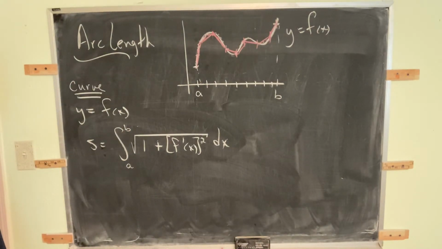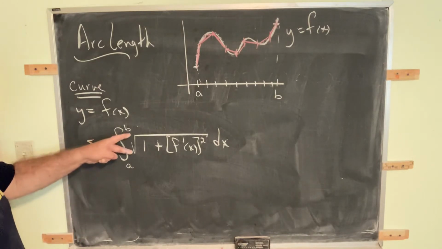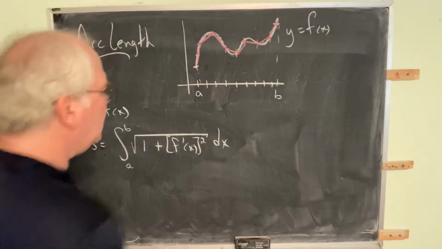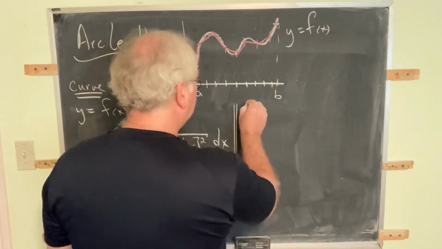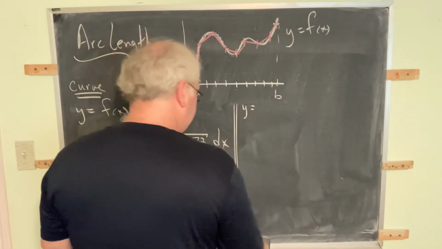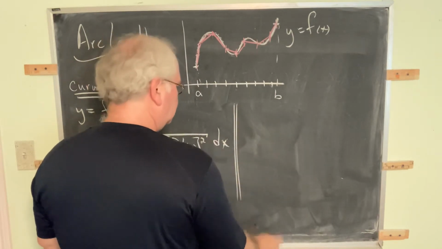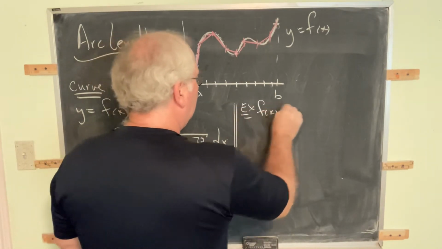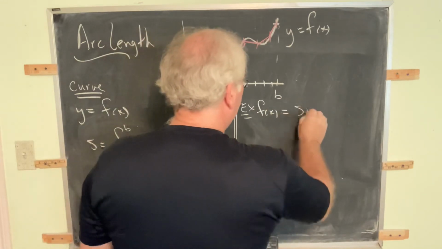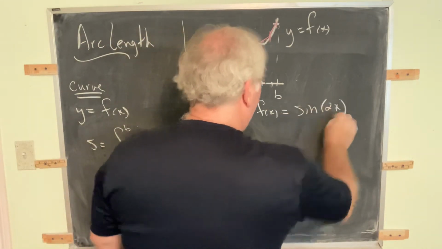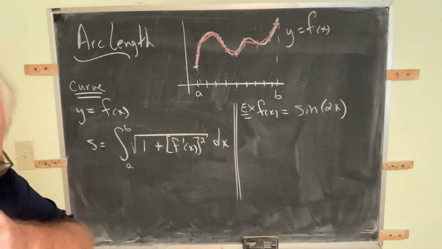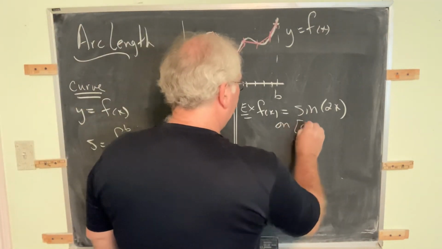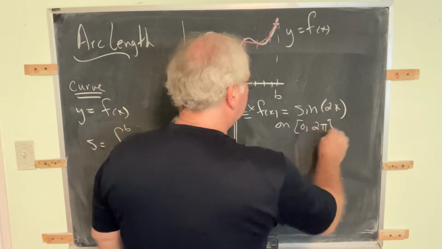All right? So all we need now is to do a few specific examples. Suppose our f of x is given by sine of 2x, and we're on the interval from 0 to 2 pi.